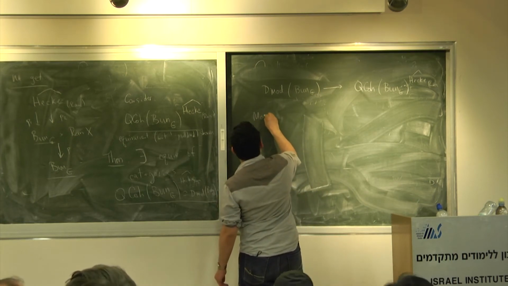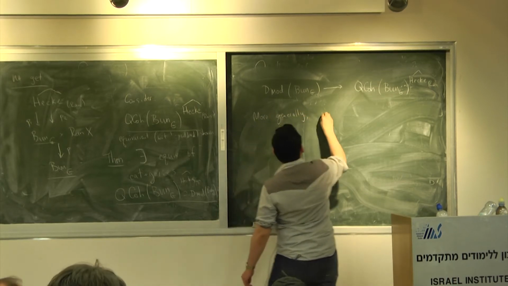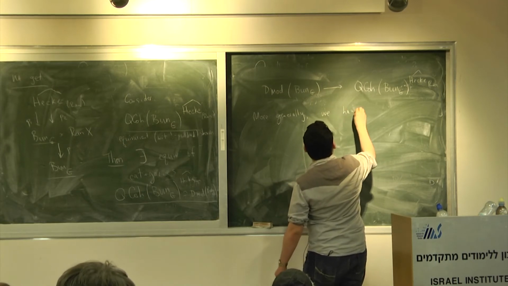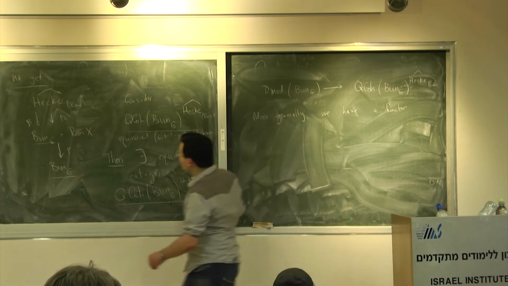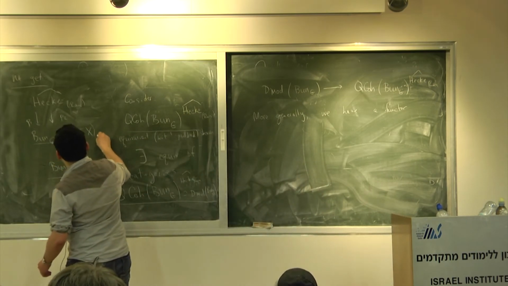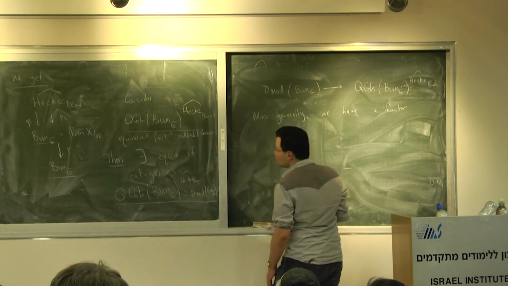More generally, let me just introduce some notation. We have a functor, I'm sorry, I meant Ran de Rham everywhere.